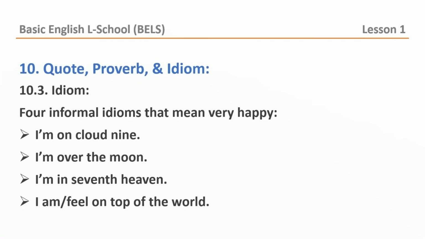I am in 7th heaven. I am on top of the world, or I feel on top of the world. Please repeat these idioms several times. Actually, you need to repeat and practice everything many times to learn them completely.